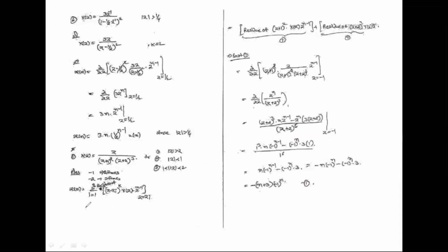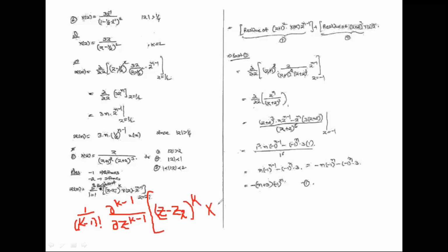What is the residue method formula? 1 by (k minus 1) factorial, dou power k minus 1 by dou z power k minus 1, of (z minus zi) whole power k, where zi is a pole, multiplied by x of z into z power n minus 1, at z equal to zi.